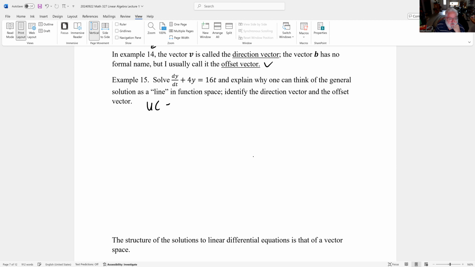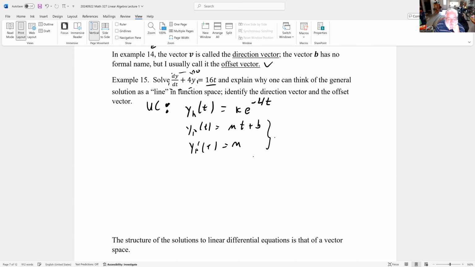You can do it with integrating factors as well. So the homogeneous solution is the solution of this part equal to 0, and that gives you k e to the minus 4t. My guess then becomes mt plus b because it's 16t, and the derivative is m.